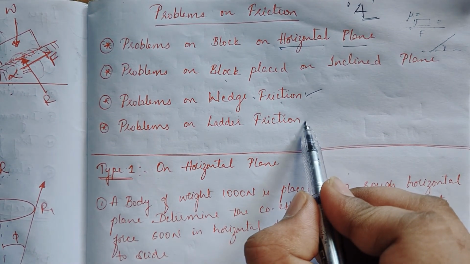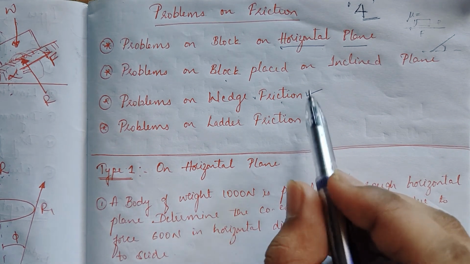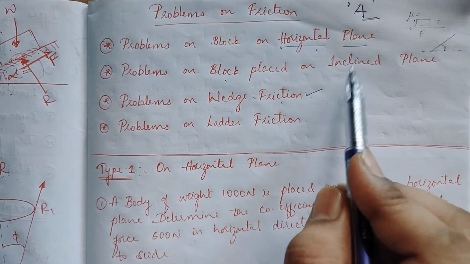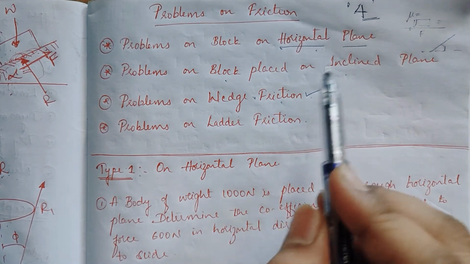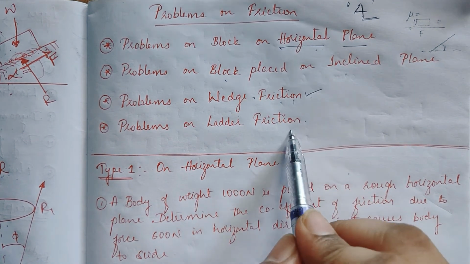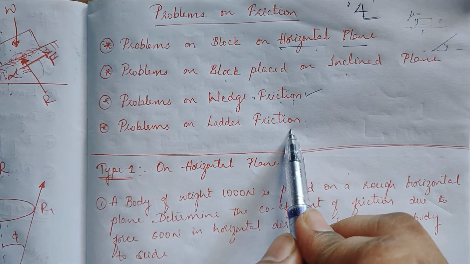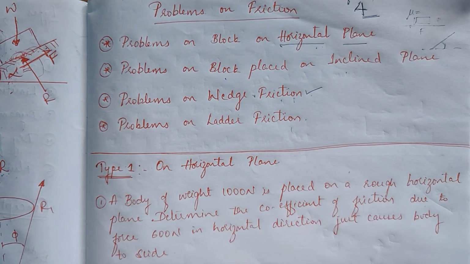So we have four types of problems: first on the horizontal plane, second on the inclined plane, third on wedges, and fourth on ladder friction. I'll solve some of the important problems on every topic.